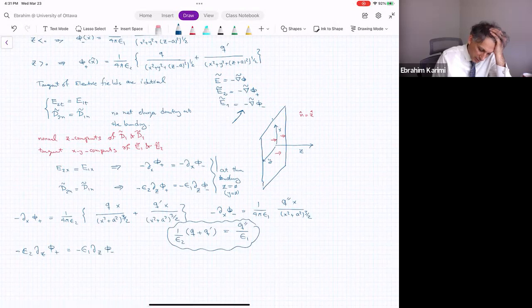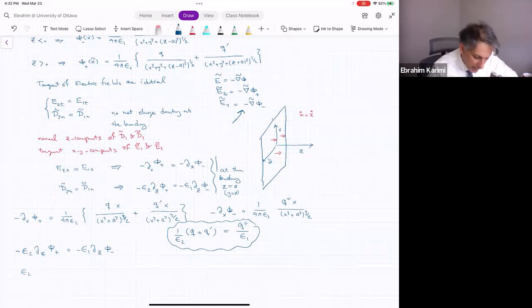Okay, so the derivative with respect to z of phi plus will be z minus a. Yes, okay.